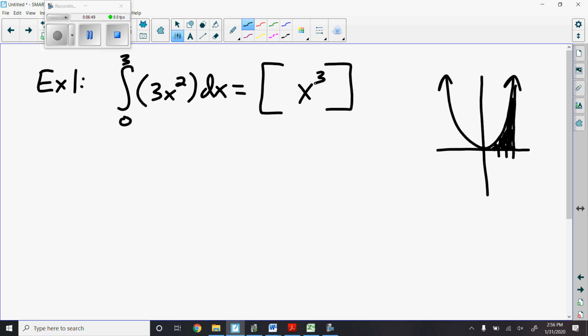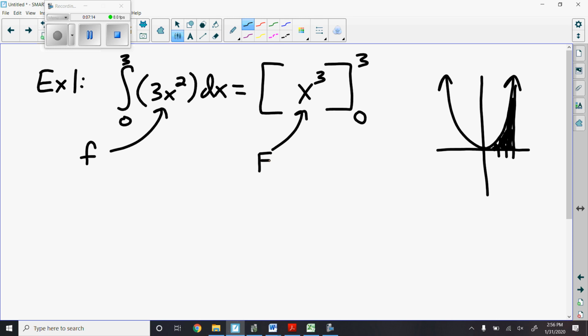I still want to remember that I'm evaluating this definite integral from 0 to 3. So we write the 0 out here and the 3 up here. Again, in terms of our notation, this function is like lowercase f, and this function is capital F, which is our antiderivative.